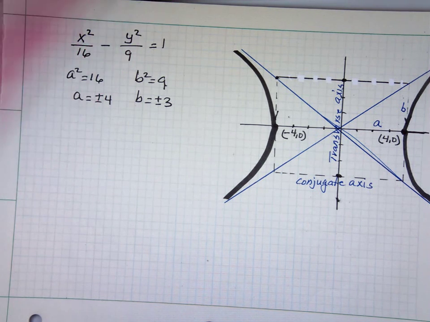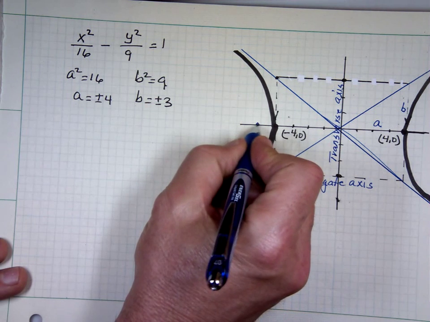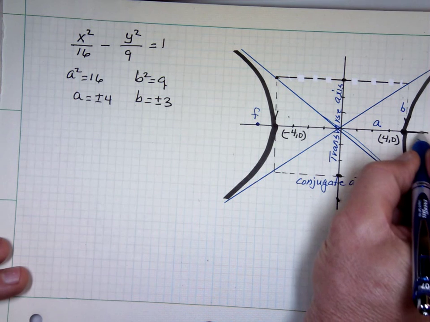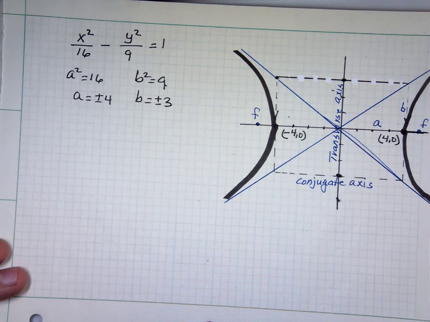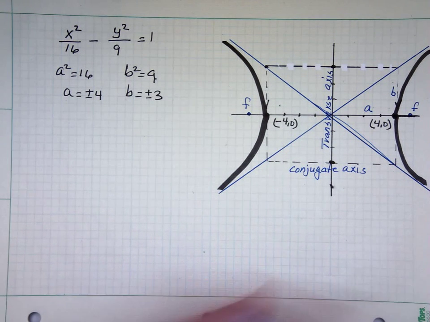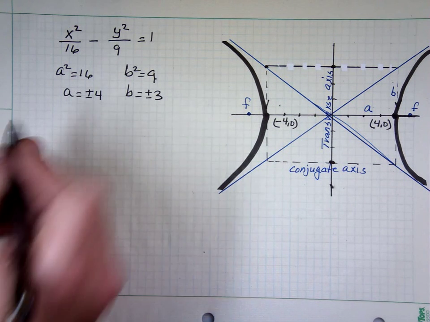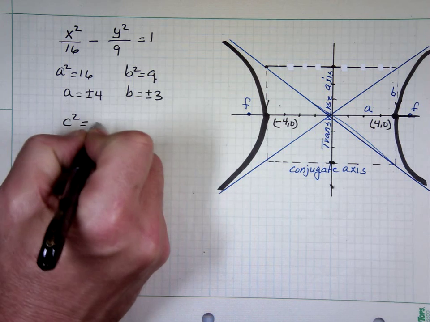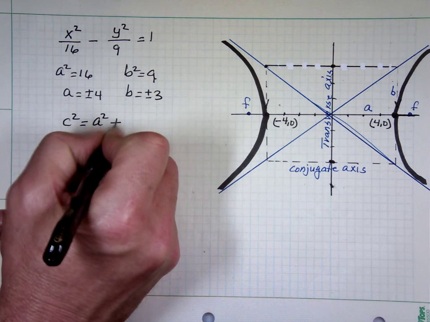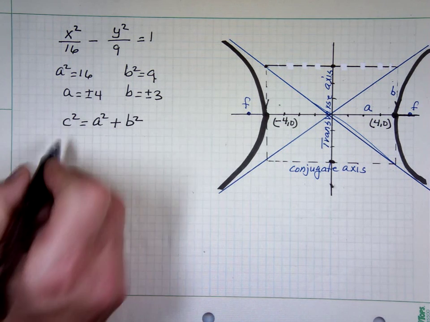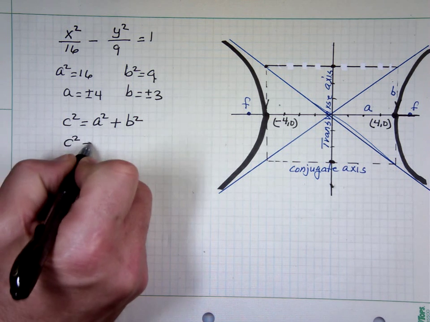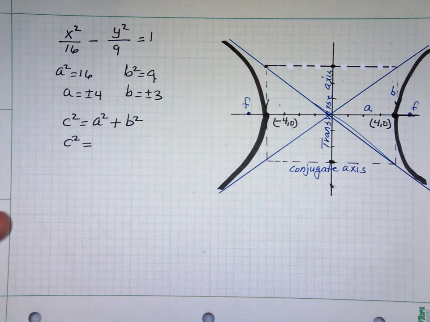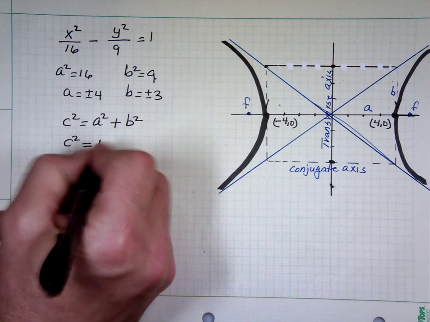Now where's my focal point? My focal point is going to be somewhere here. Now how do we figure out the value of that? Well, we need to calculate C. C squared equals what? A squared plus B squared. A squared is 16.